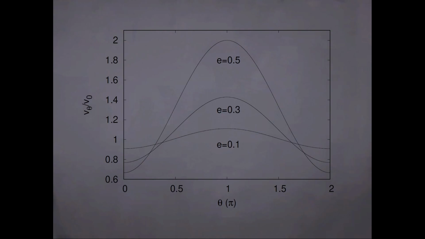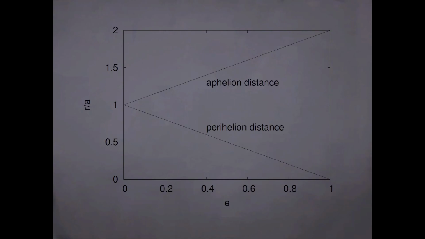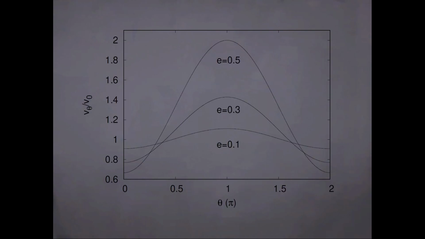Finally, a plot of the normalized angular velocity as a function of theta. And once again, it's given for the configuration illustrated here. So the maximum occurs at perihelion distance, so at theta equals pi, and the minimum at aphelion.